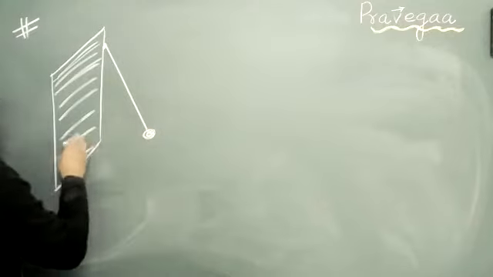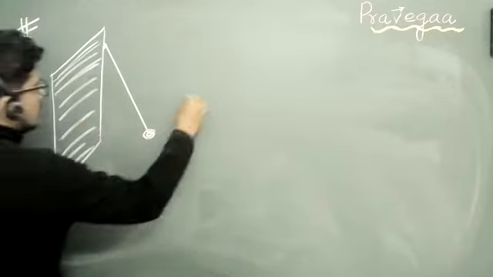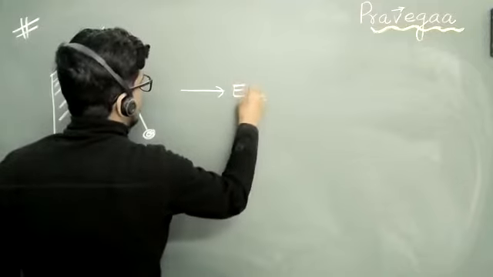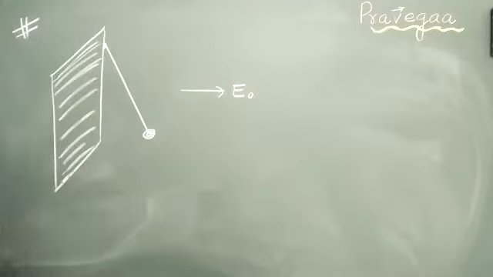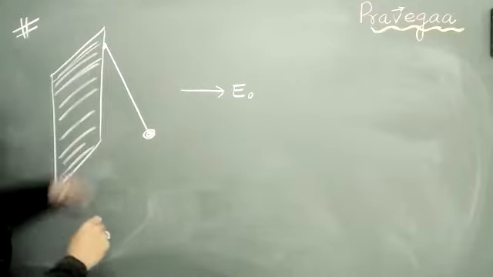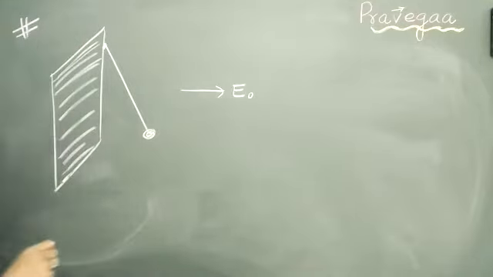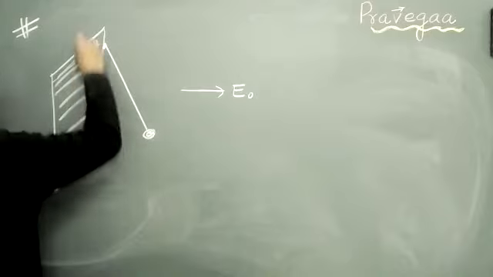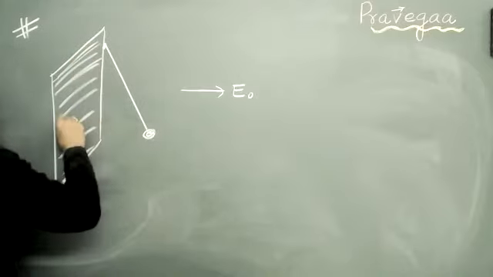Obviously, there is a constant field E naught because of this sheet. This sheet has some charges spread over it. We will learn later what the field is because of the charges spread on this.